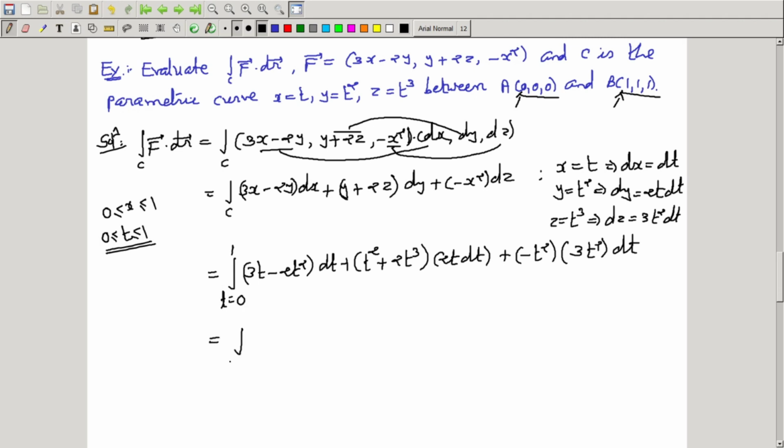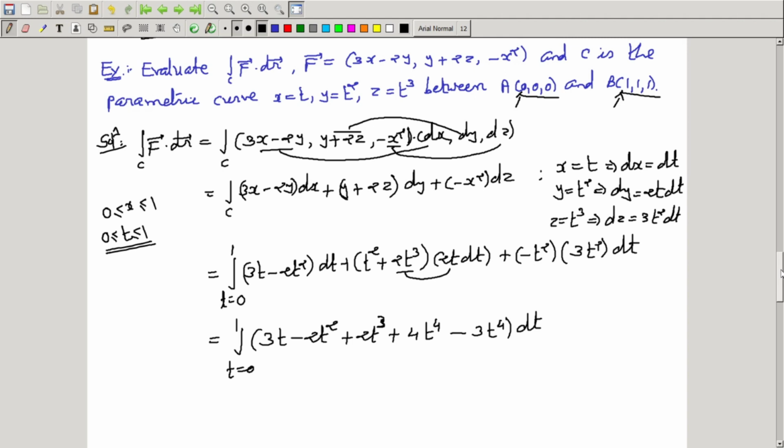So this is the integration from t equal to 0 to 1. If I take dt common, then what I have, 3t minus 2t square plus 2t cube, t square into 2t, right? Plus 2t cube into 2t is 4t raised to 4 minus 3t raised to 4 dt.